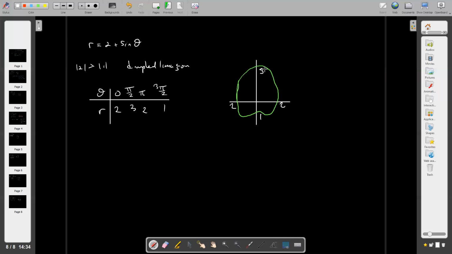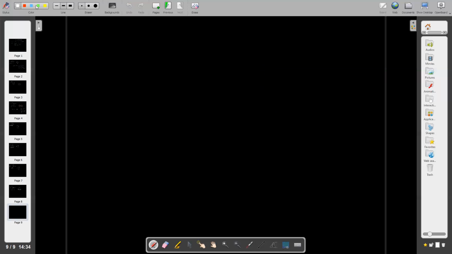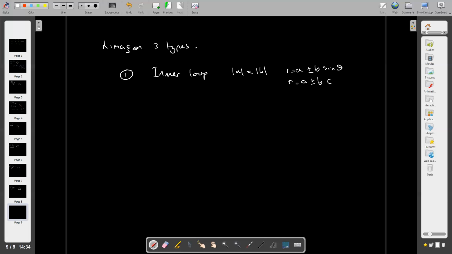Let's summarize. There are 3 types of limacon. The first type is the inner loop. That's when the modulus of A is less than the modulus of B. Here we've got R equals A plus or minus B sine theta, or R equals A plus or minus B cos theta.